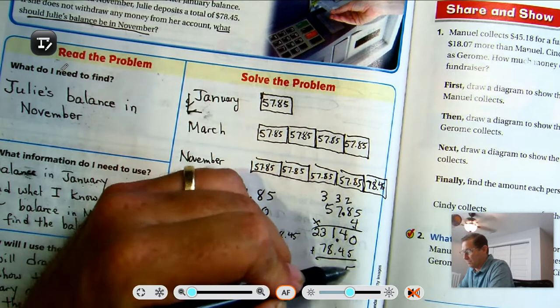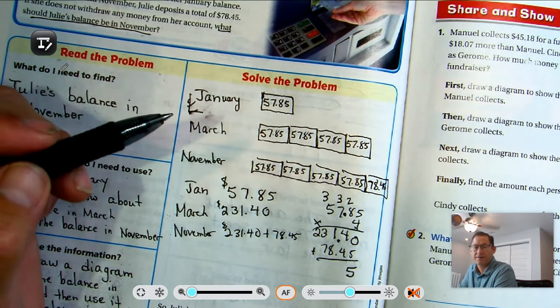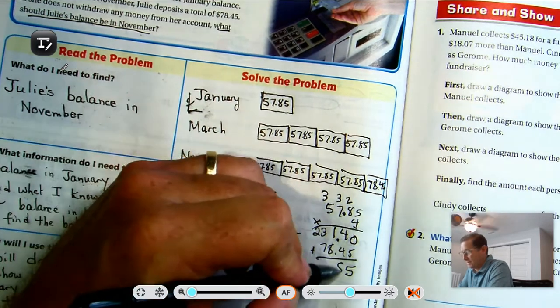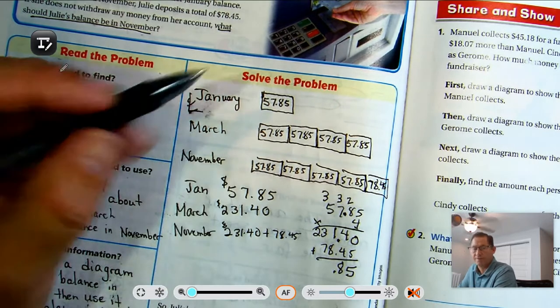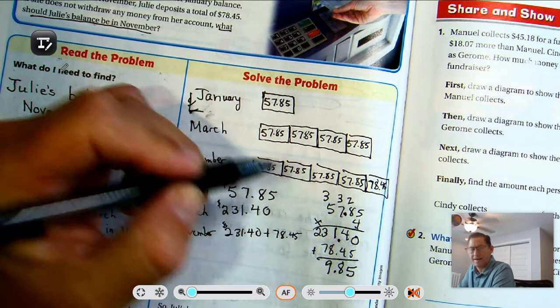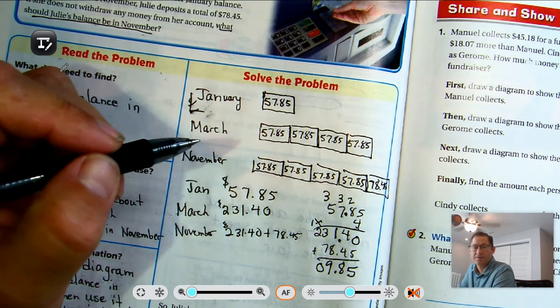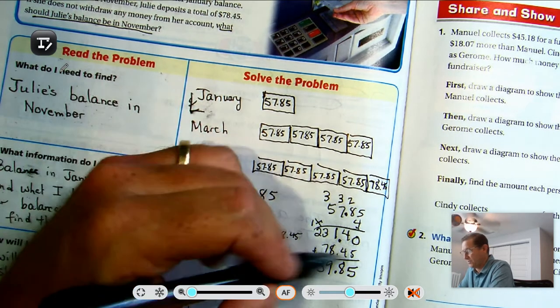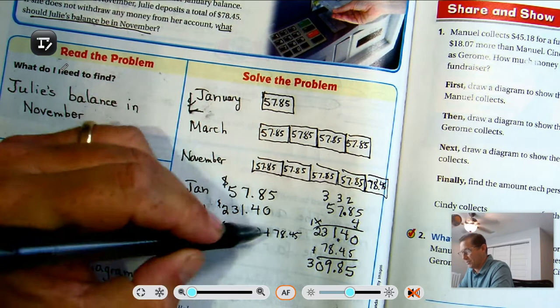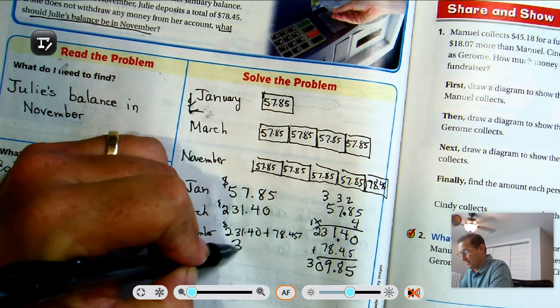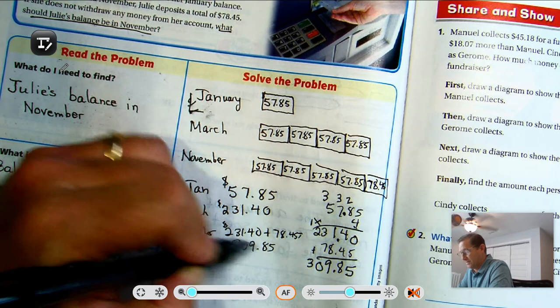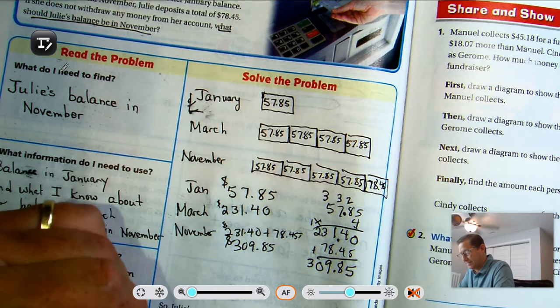Okay, so add by place value, add the hundredths first, then the tenths, put your decimal point. 8 and 1 is 9, 7 and 3 tenths is 10 tenths, regroup as 100 and 0 tenths, and 2 hundreds plus the regrouped 100, 309. So $309.85.